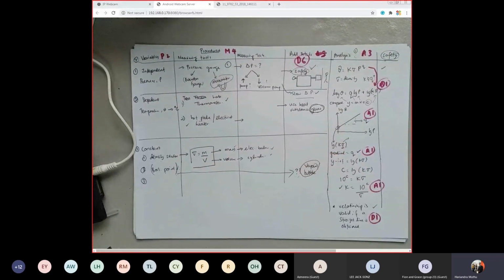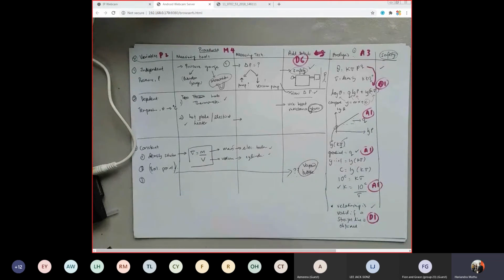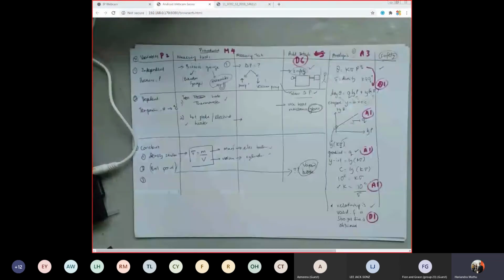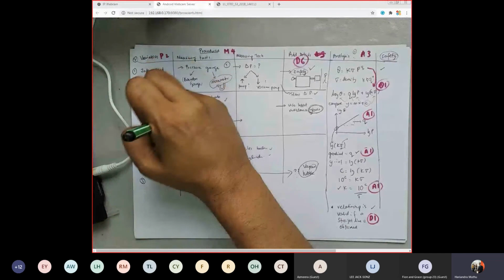Okay, what else? Anything else from the experiment? All right, so these are the main concept of the experiment. Okay, so more or less we have written, right? We have filled up these.